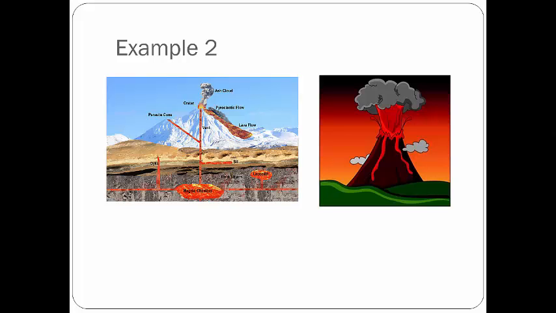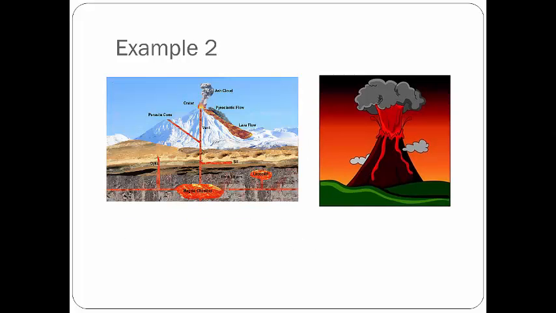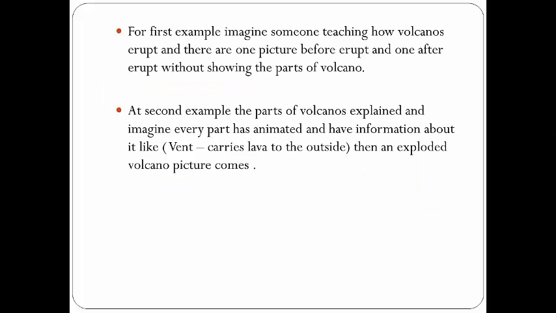After showing the first picture, you can show the second picture, before and after. You can show the lava erupt and teach the learners more effectively, because now the learners know what the magma chamber, vents, crater, and layers are. People are aware of this, so it is easier to understand and overcome the cognitive load on learners.